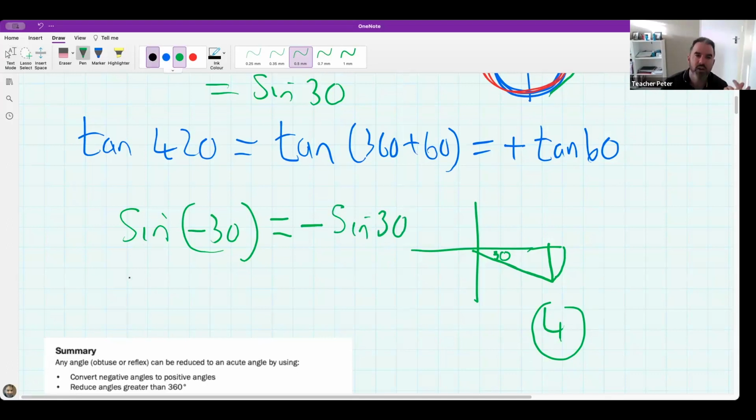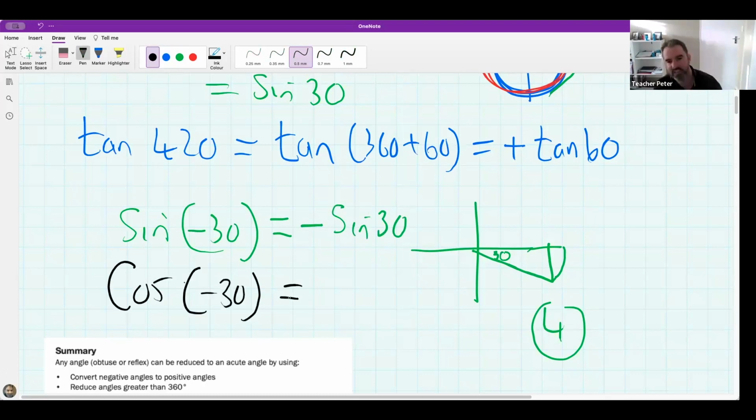Now, using that same idea, if I say to you, what is the cos of minus 30? What is that going to reduce to using the negative angle idea that I showed you now? You're going to get the same triangle, but how is it going to be different?